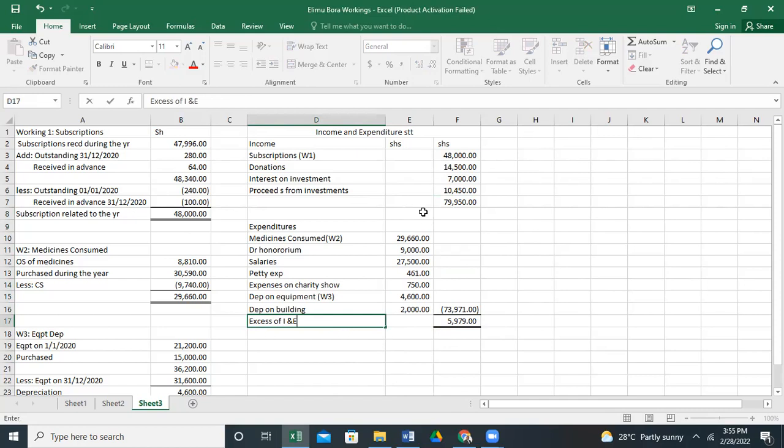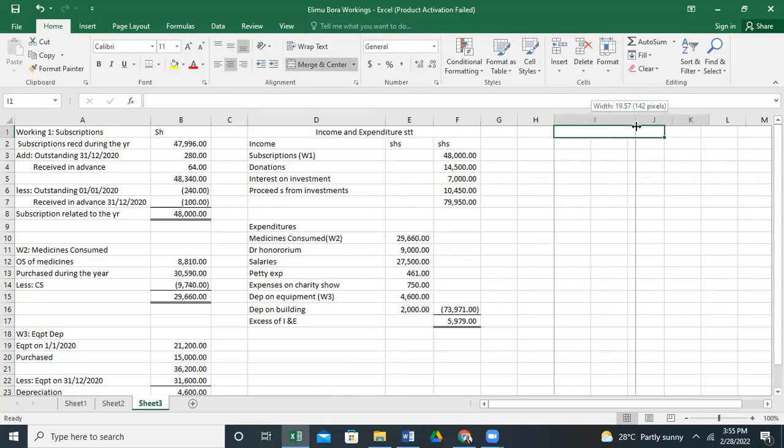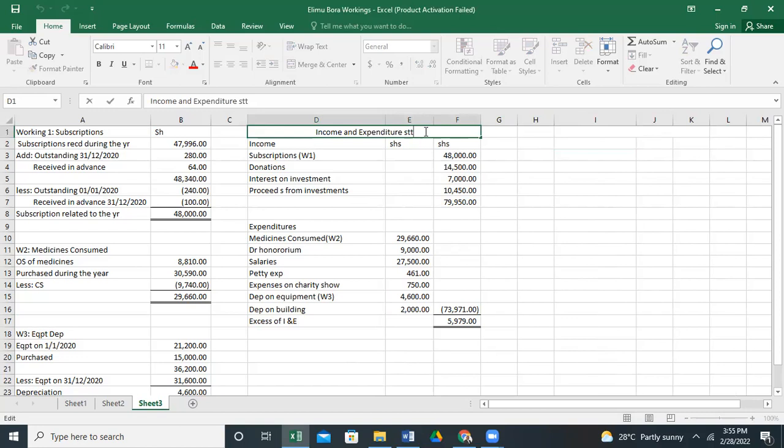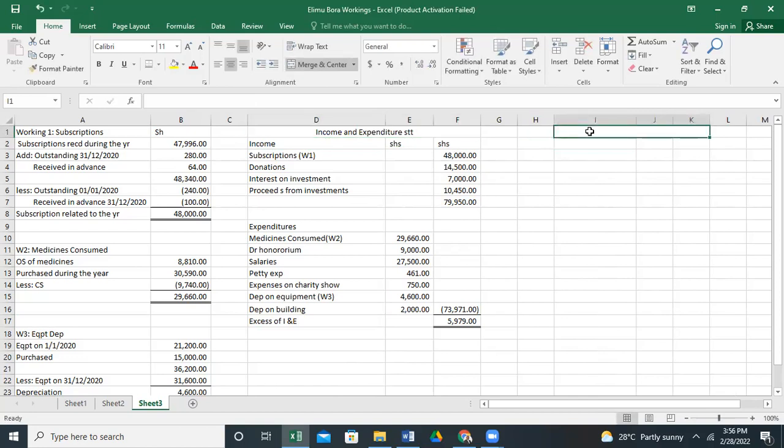Then we need to prepare the statement of financial position, or rather the balance sheet, right? We can do it here. So I'll need 3 columns. So these are supposed to indicate it's for the year ended, and then let me just call it balance sheet.